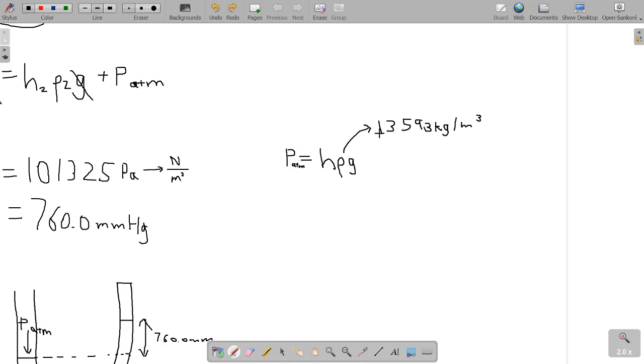Most of the time we just know it as 13.6 grams per cm cube. Basically, you know this, right? So we can calculate H.